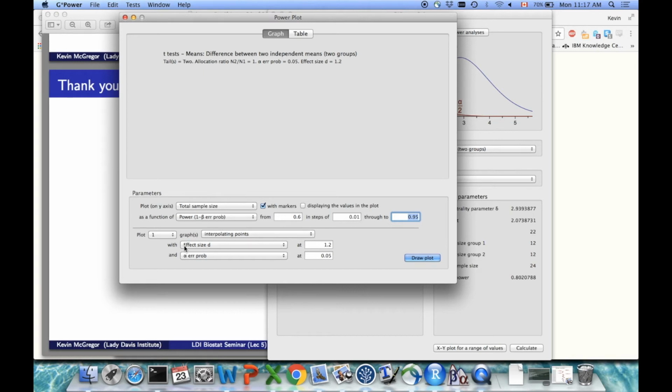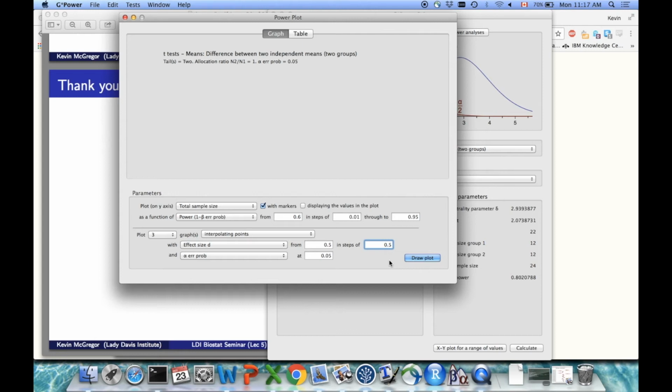And then I'm going to choose 3 different curves on my plot just by changing that value there. And you can change the different effect sizes that each of the curves represents. So I'll start at an effect size of 0.5 and in steps of 0.5.